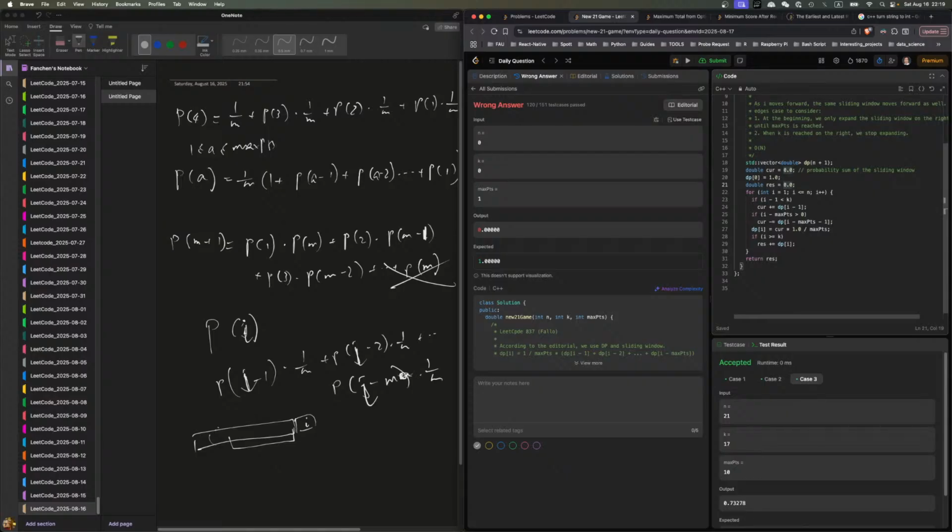Because I decide whether 0 should be included. So we say, is 0 larger or equal to k? If it is, then we do dp0. If it's not, then we do 0.0.